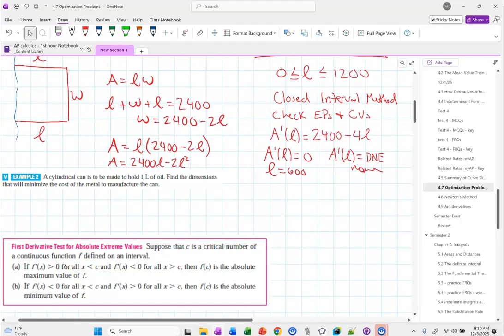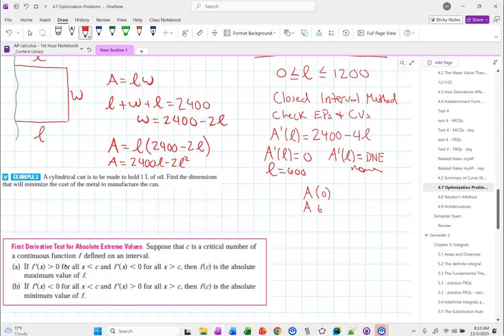So what do we need to check? We need to check A of 0, A of 600, and A of 1200. And see which one gives us the biggest value. Well, we did those two already, right? When we talked about finding the domain. Guess which one it's going to be?